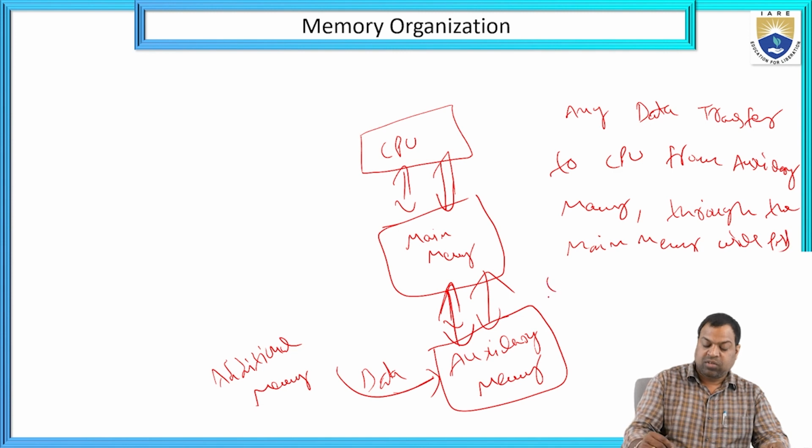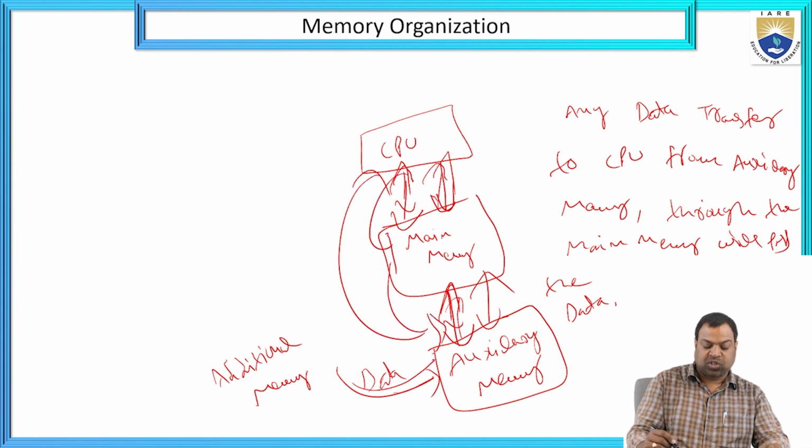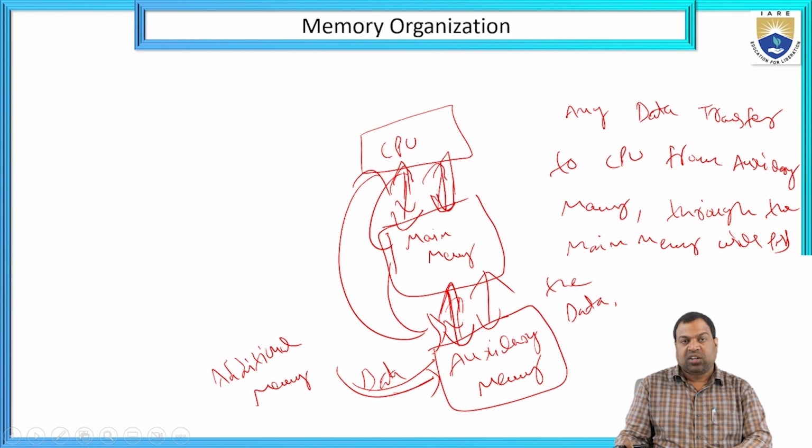The data will pass through the main memory. So any information from the auxiliary memory will pass to the main memory, and only then will it go to the CPU. If the CPU gives information to the auxiliary memory, or any data passes from CPU to auxiliary, it is through the main memory only. So it is the additional memory used in CPU.